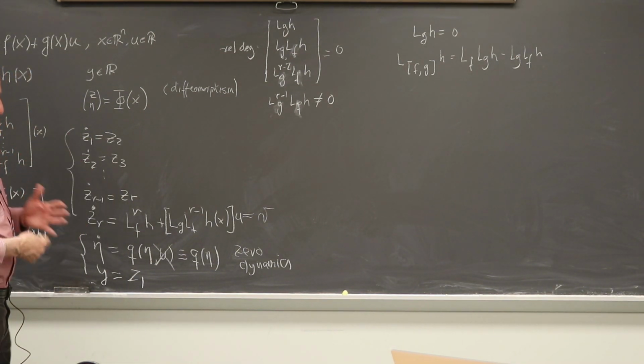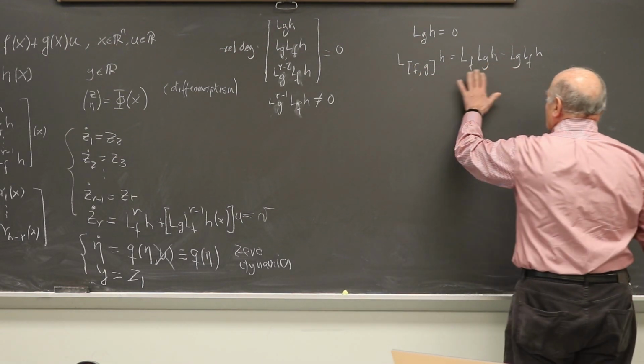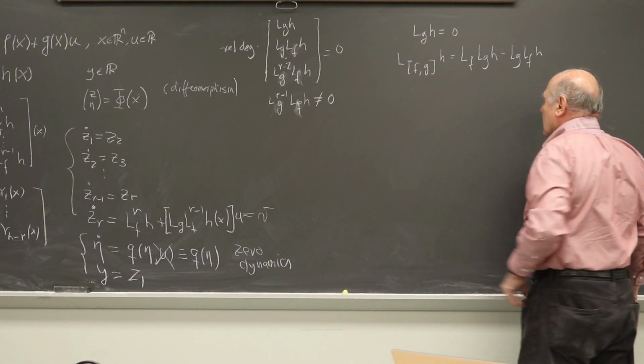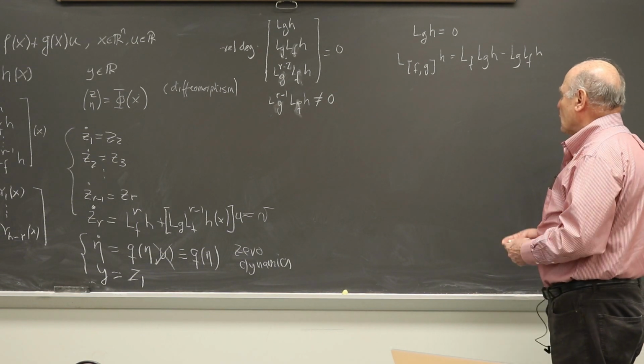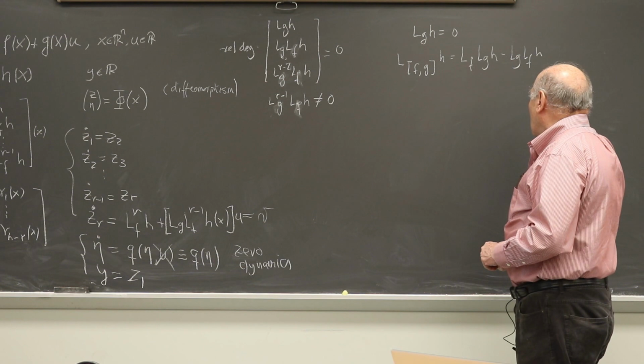So that kind of lack of commutativity creates a new vector field representing a new direction in which we can go using f and g.